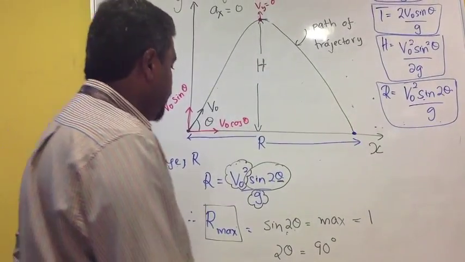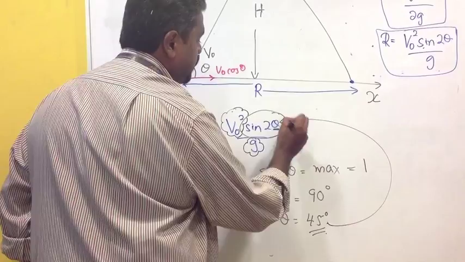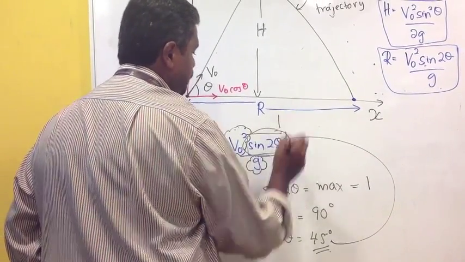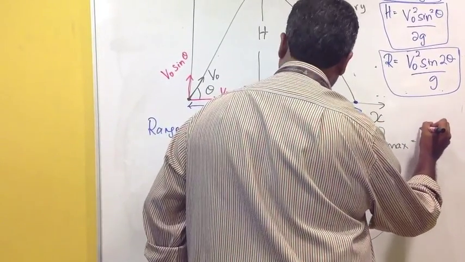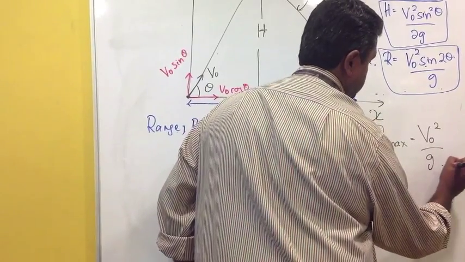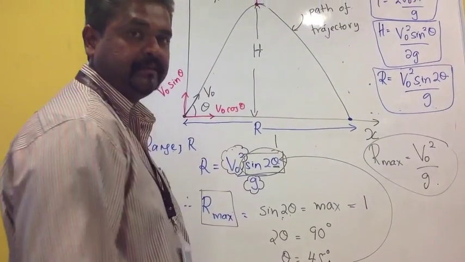And that maximum value is, take theta equals 45 degrees, substitute inside this equation, this whole thing here will become 1. Therefore, the maximum value of range will be v0 squared over g. This is the fifth important result. Thank you.